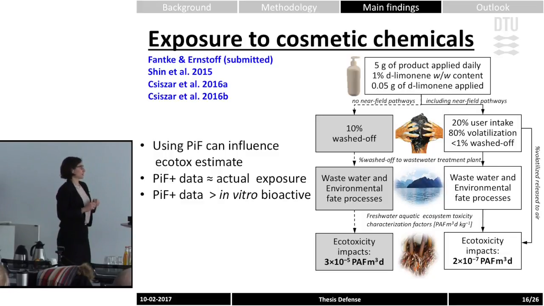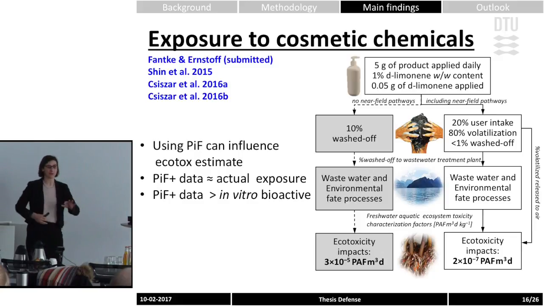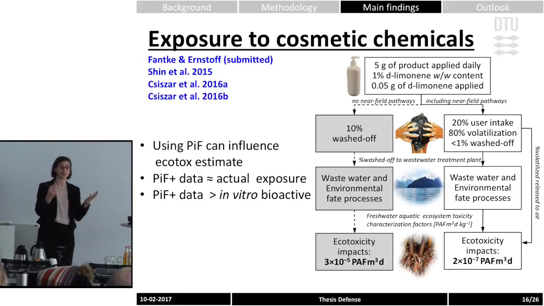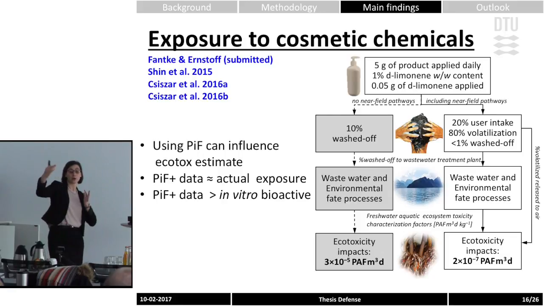The next exciting thing that we learned with using the PIF metric was that when we combined PIF with other data, for example, on co-occurrence of use, so using all sorts of different cosmetics, we could actually predict the exposure that would lead to the urinary concentrations being measured in United States surveys.